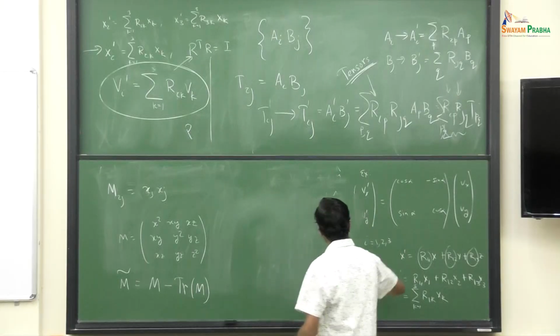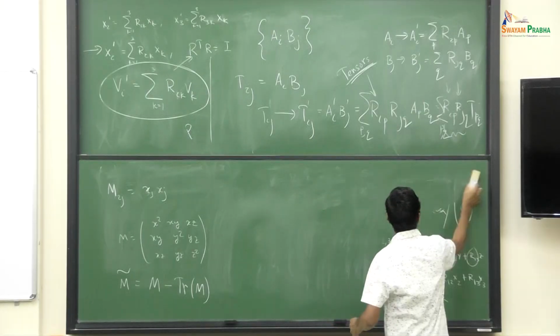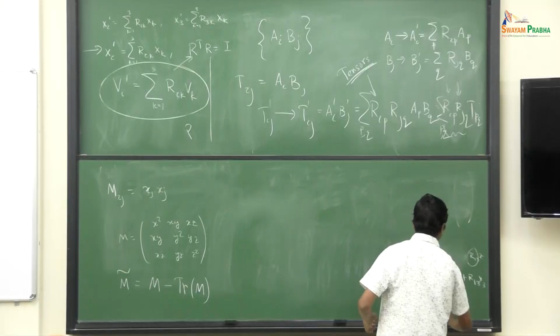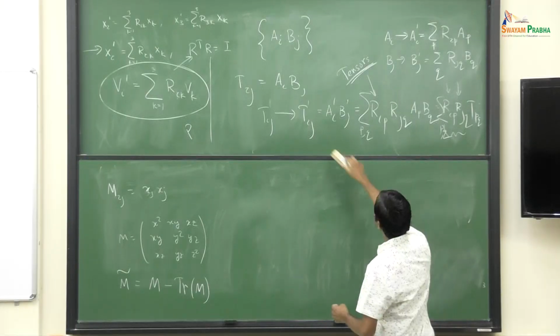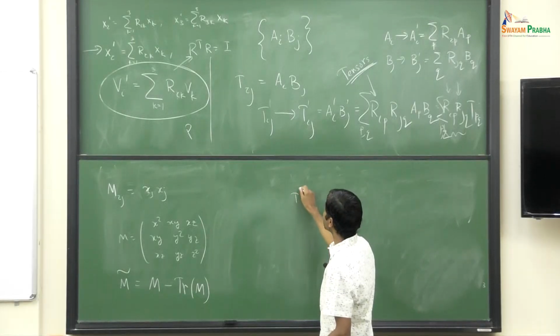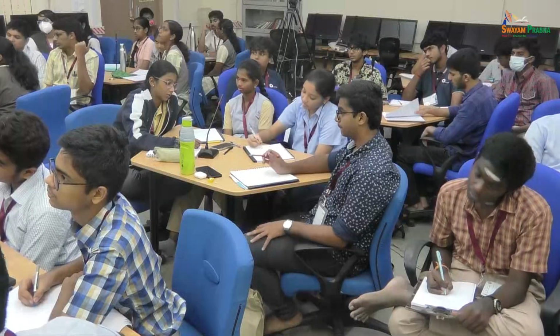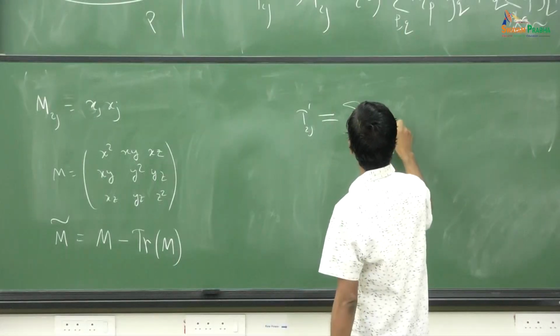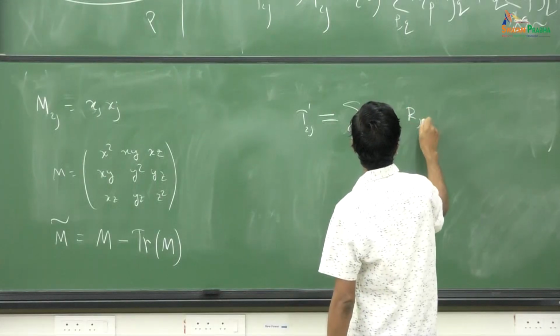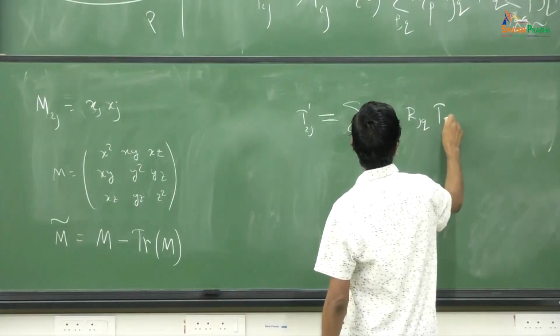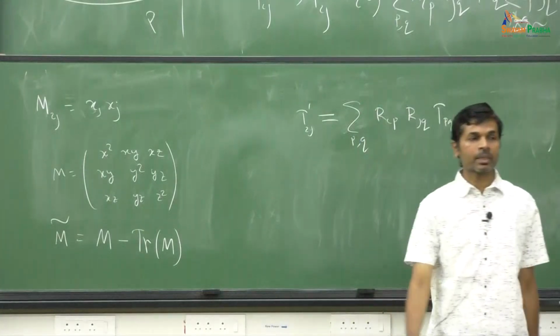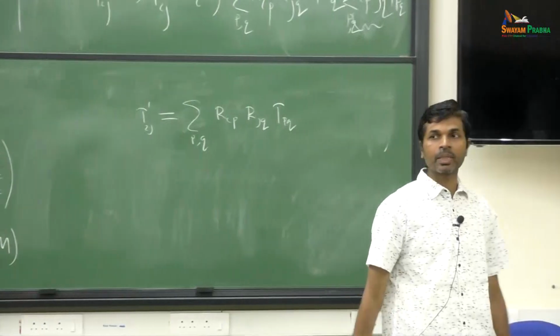They are important because of this relation: T prime ij is equal to R ip R jq T pq. So why is this transformation rule important?